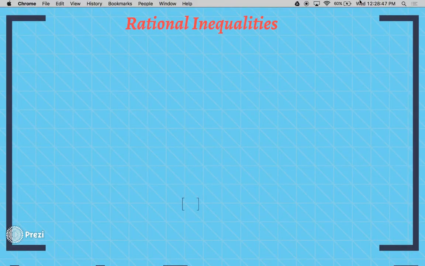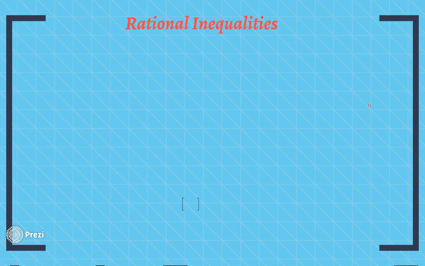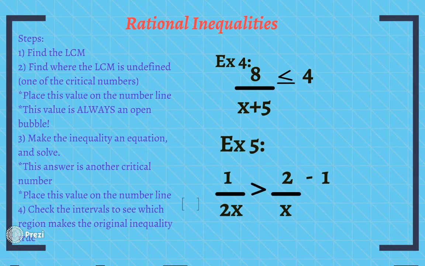Alrighty, now we're going to be tackling rational inequalities, which are actually kind of similar to equations, except now we have inequalities in the mix. Our first steps, we're going to find the LCM like we did before. We're going to find where the LCM is undefined like we did before, and these values are going to be our critical numbers. Since we're dealing with inequalities, we're going to be dealing with a number line. So critical numbers are going to be placed on the number line.